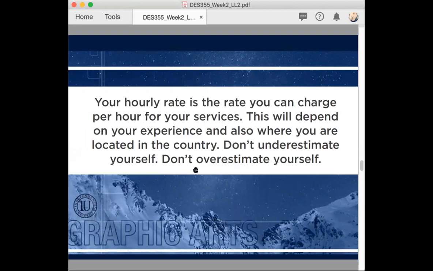This will depend on your experience and also where you are located in the country. Don't underestimate yourself and don't overestimate yourself, just like I said. As far as charging by the hour, this is by far the simplest way to charge for your time.